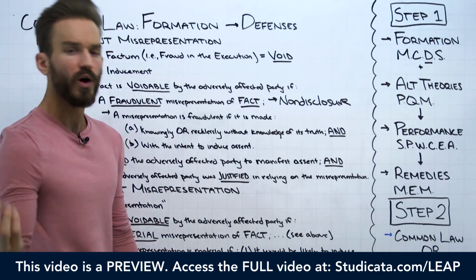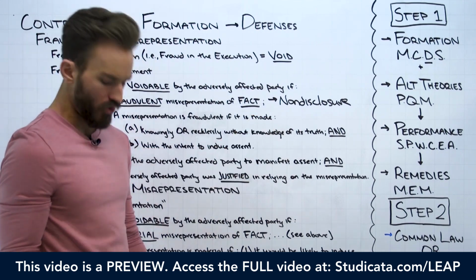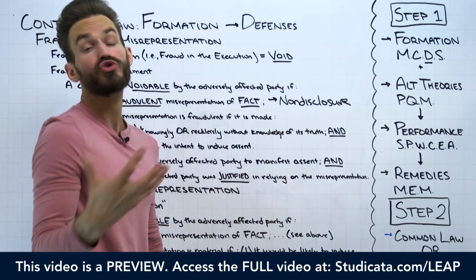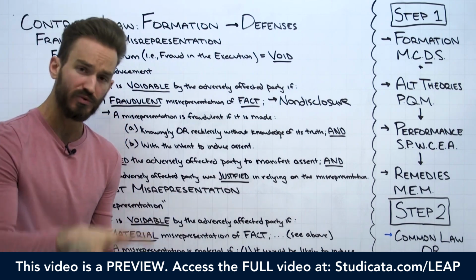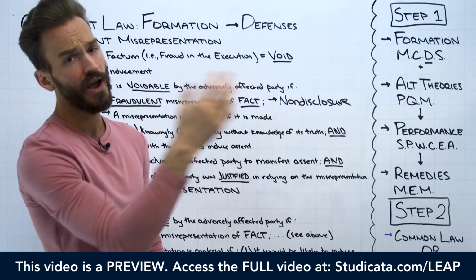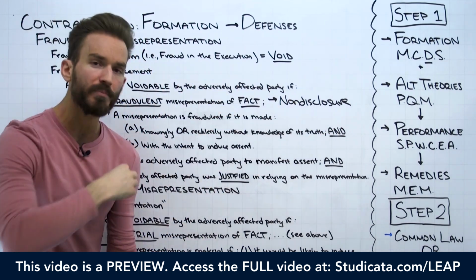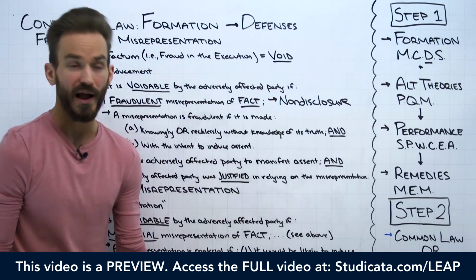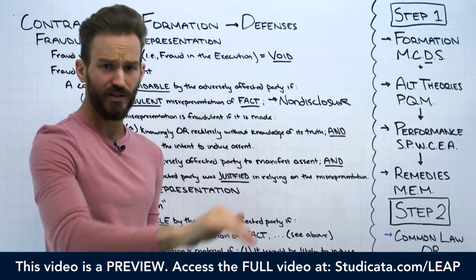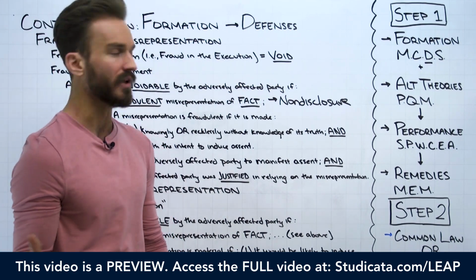Remember one of our first hypos we did here. Imagine that a homeowner who knows that his house is infested with termites is giving a tour to a potential buyer and doesn't say anything about the termites, right? An inspector comes, doesn't say anything about the termites, just remains silent on the issue of the termites, and no one discovers the termites, right?